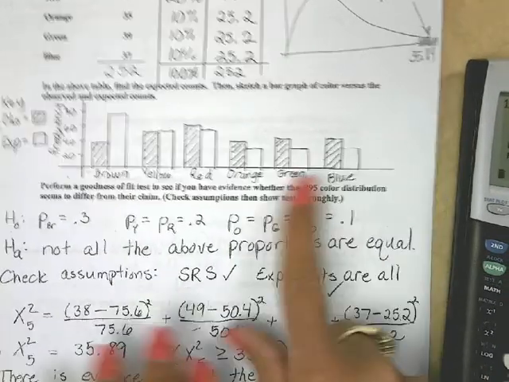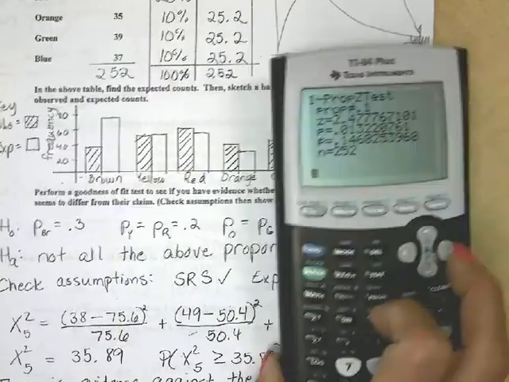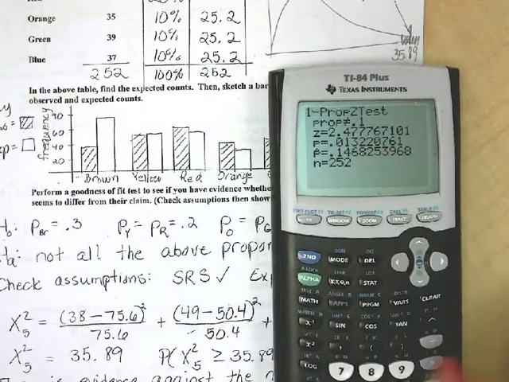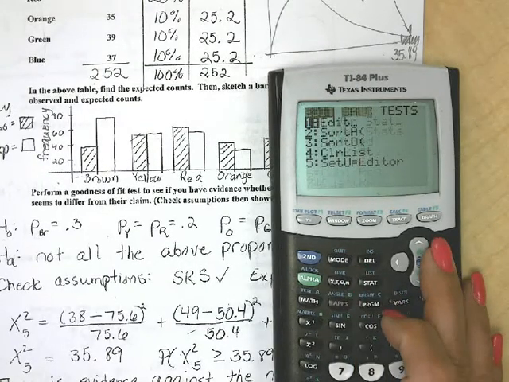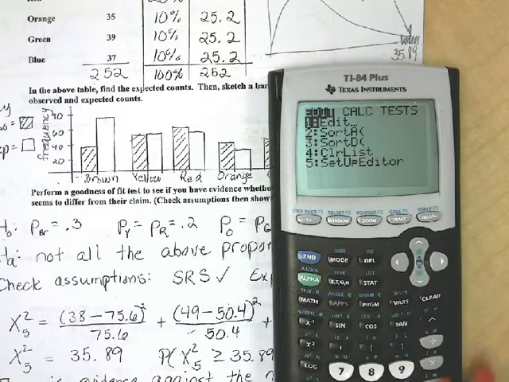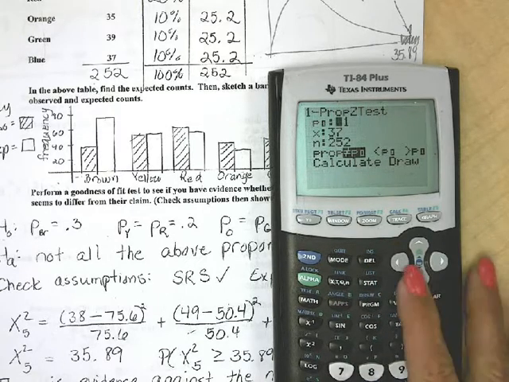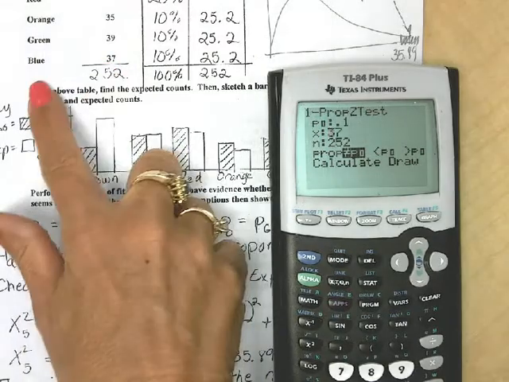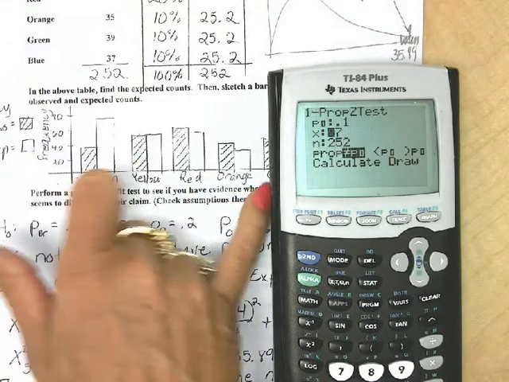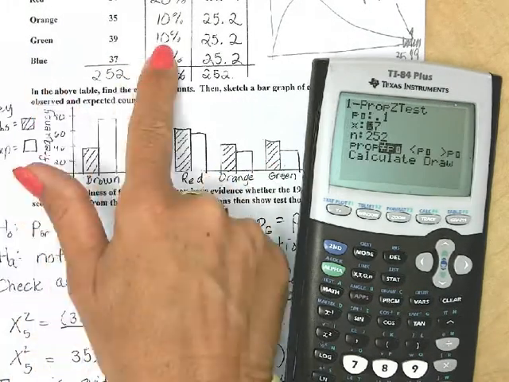How about I check green? I'm going to check green real fast on my calculator. I go back to, again, Stat and over to Tests and do the one proportion z-test. The greens are supposed to be 10% as well.